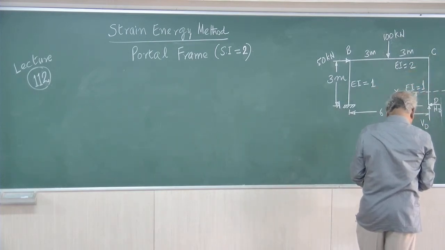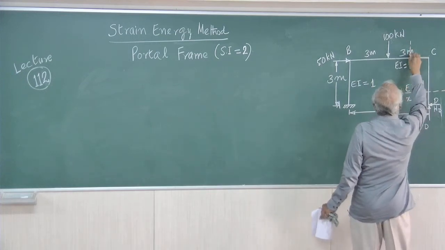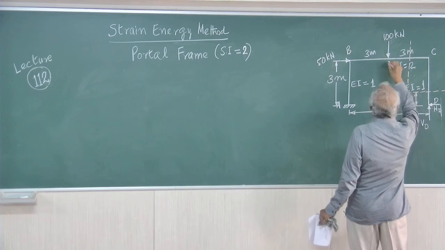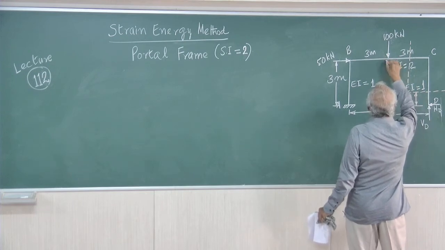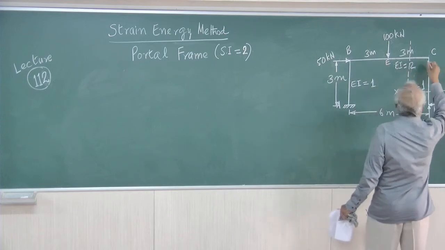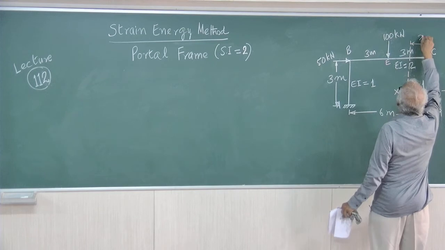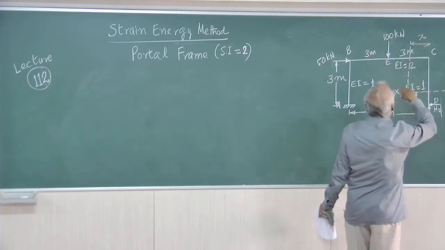Next is, we will take another section in the portion, we will call this E. We should not get confused with that of the Young's modulus, right. Therefore, this is E, X, right.